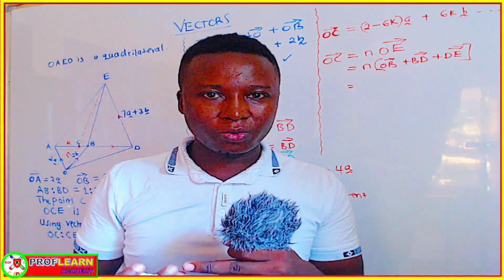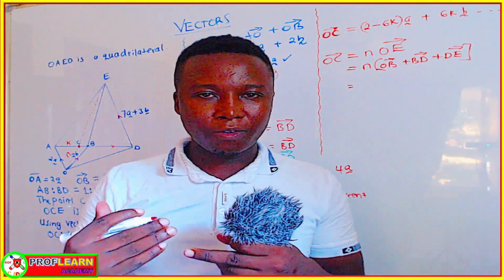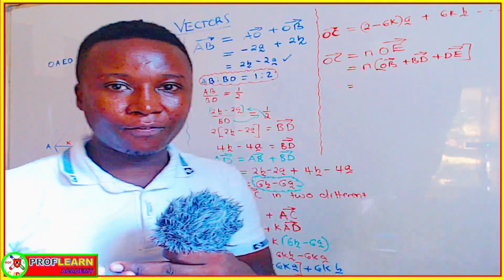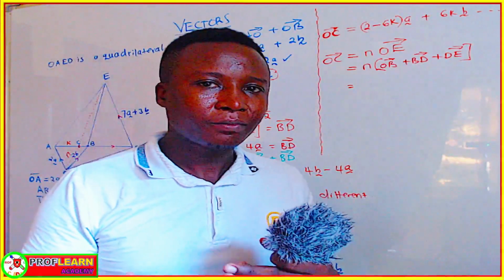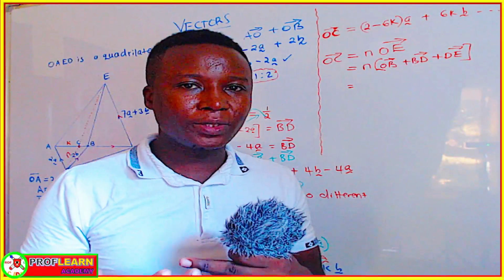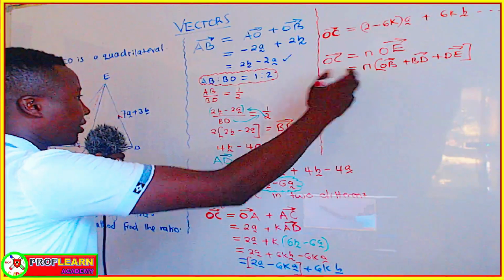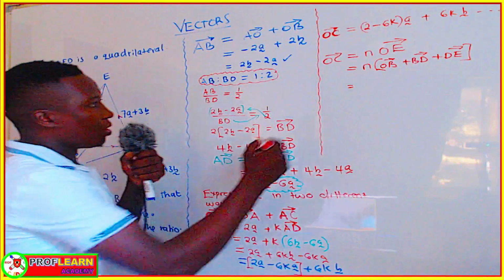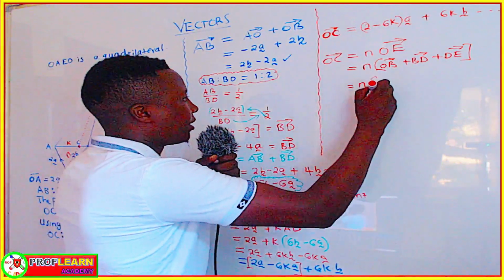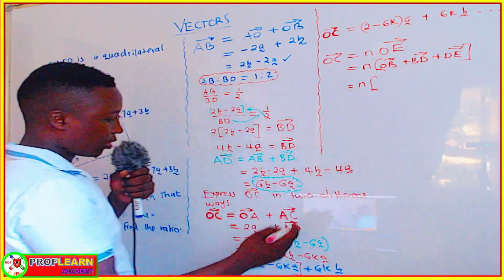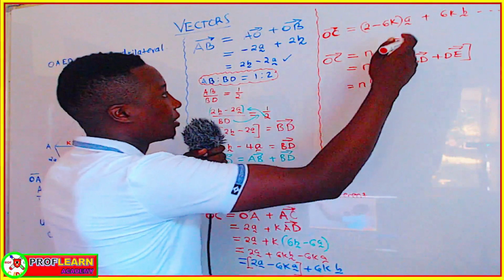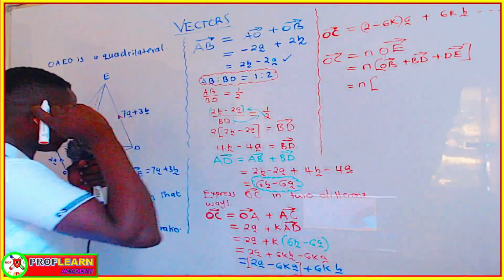The first bit that we did is to analyze the information so that we have all the vectors and all the sides that we need ready for us. And at this particular point, we have everything ready for us. We know what our N is, a constant we are looking for. We are going to relate this constant with this equation to find it.